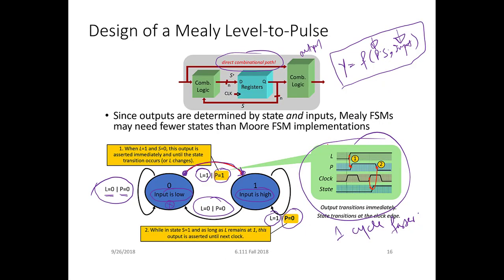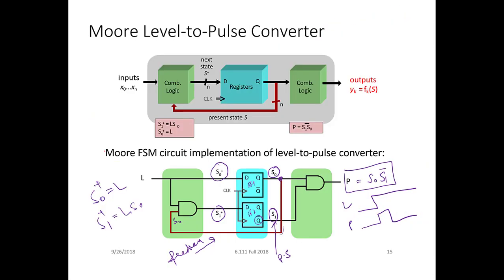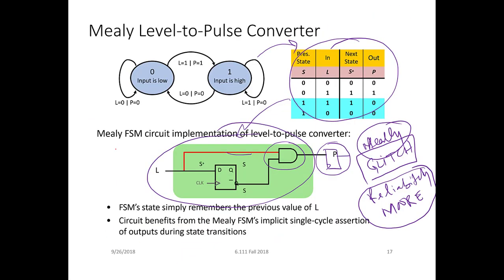If you want to remove the reliability limitation from Mealy FSM, you have to put an extra register there, an extra register for reliability. So again it becomes the same story. It's better to design a Moore FSM.